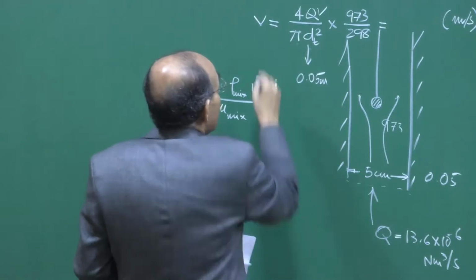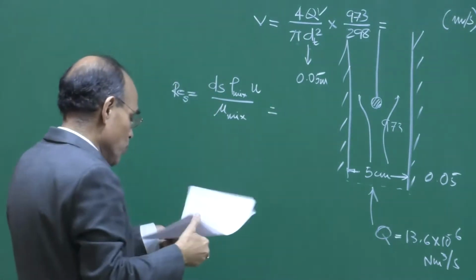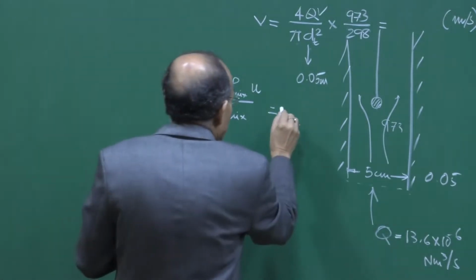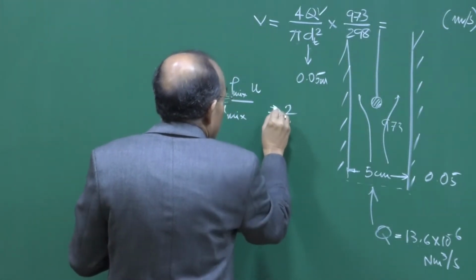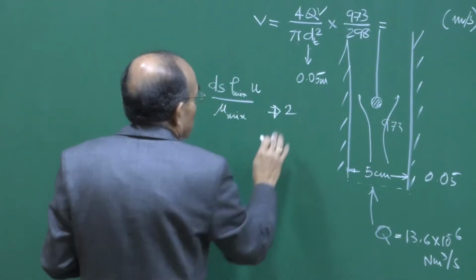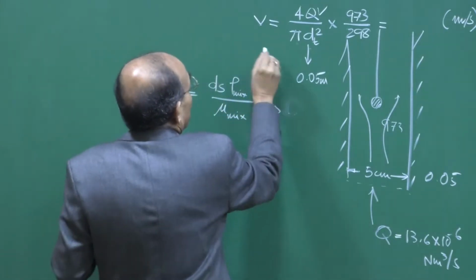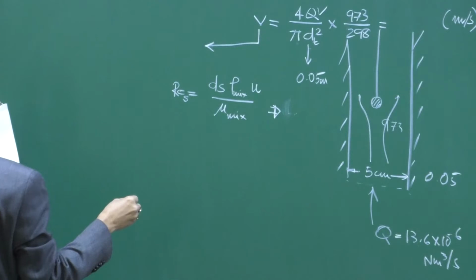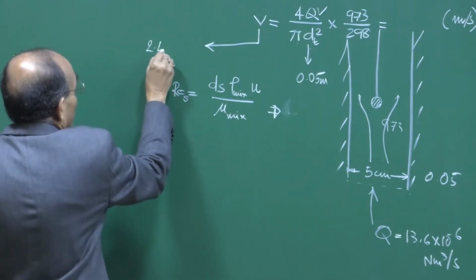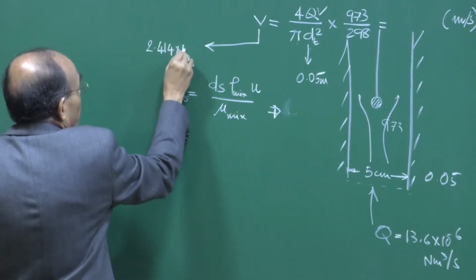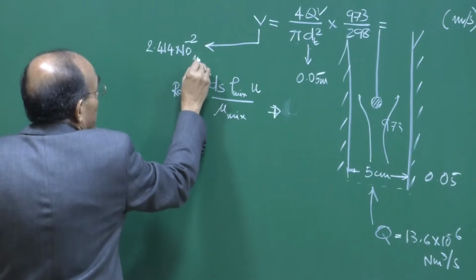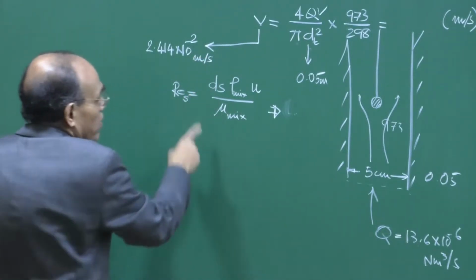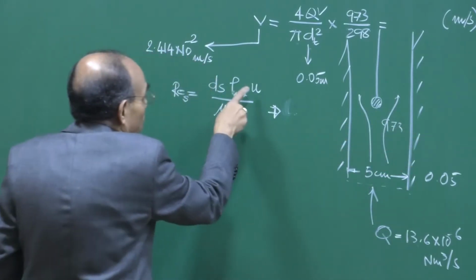So, everything else is known, and if you substitute the values here, the value of V will come out to be 2.414 into 10 to the power minus 2 meters per second.